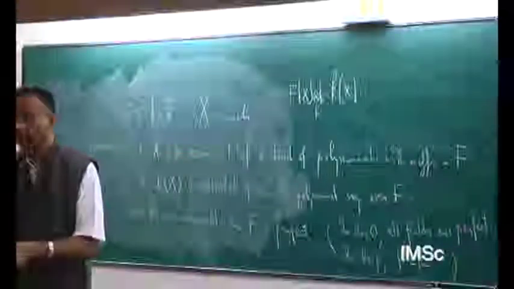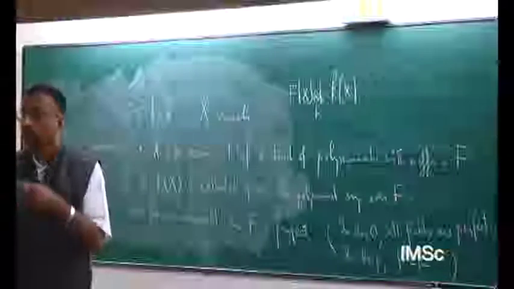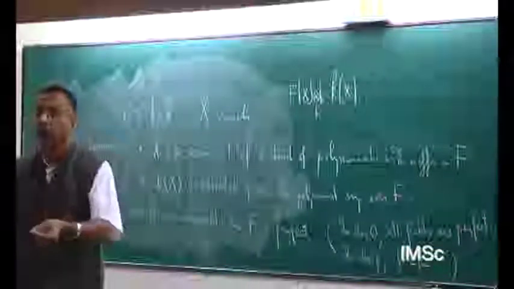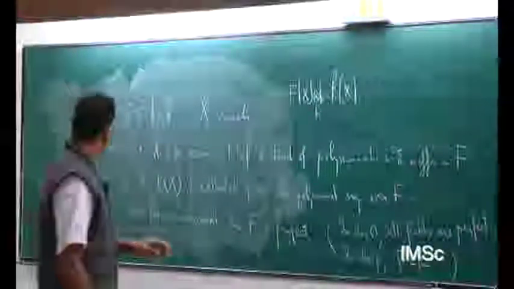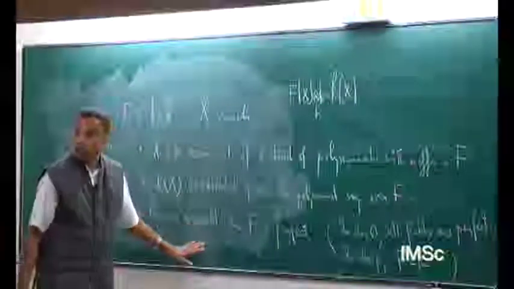That's a subfield that you can easily see, right? If that subfield equals F, in other words, every element of F has a pth root in F, such a thing I call perfect. Okay. So the claim is that these two are equivalent when F is perfect.